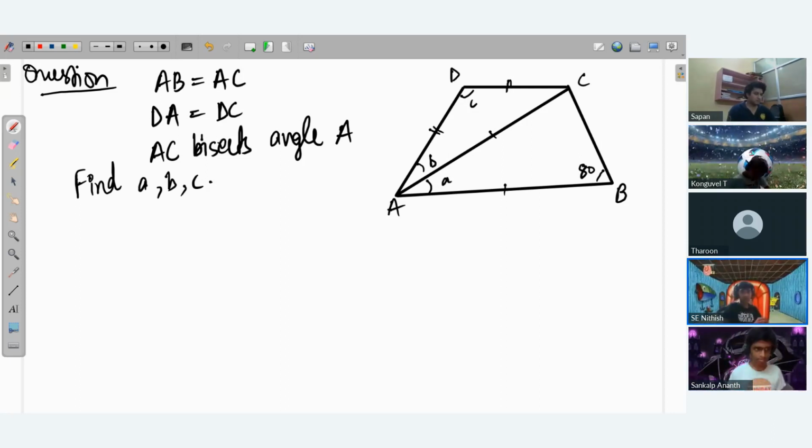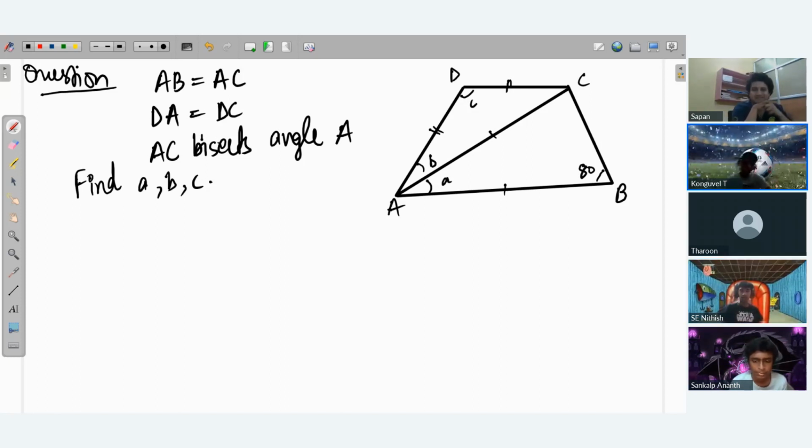So I found A. Sir, A means angle A. Find all: small a, small b, small c. Wait, how do I find B and C?